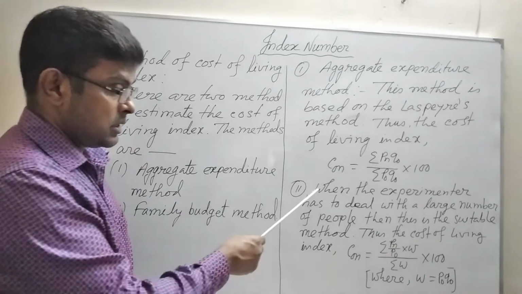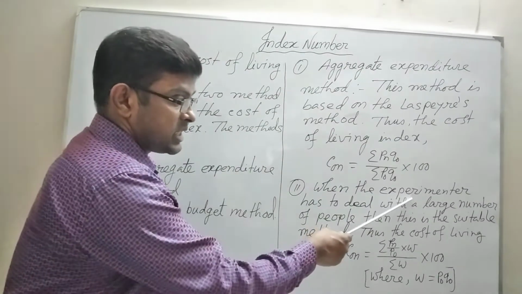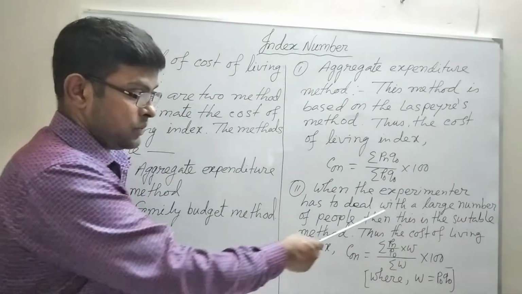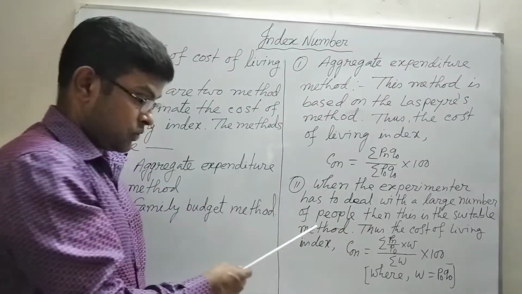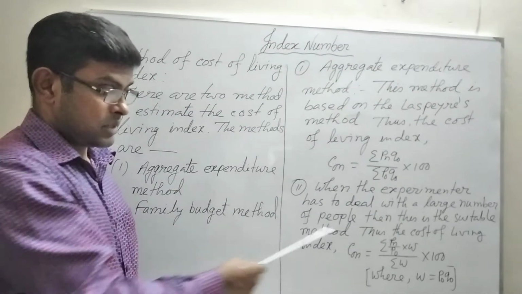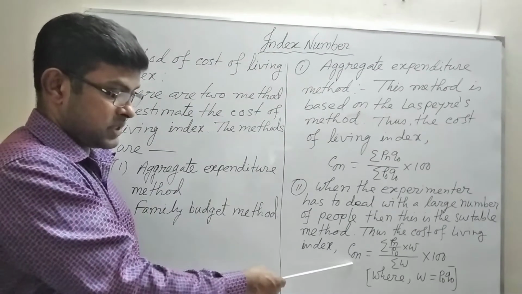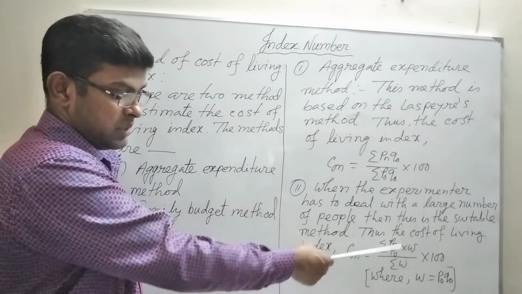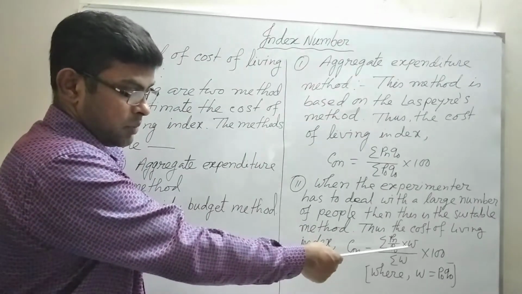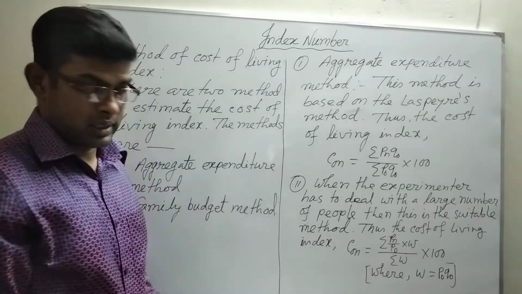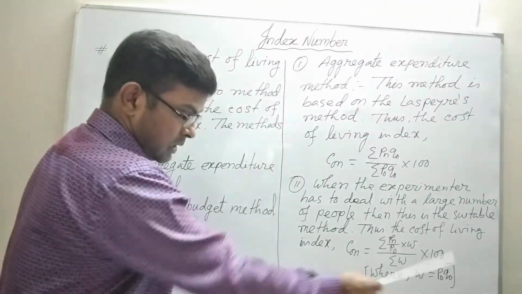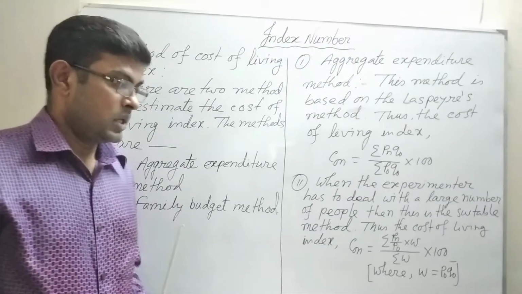When the experimenter has to deal with a large number of people, this is the suitable method. Thus, the cost of living index is equal to summation Pn by Po multiplied by W, divided by summation W, then multiplied by 100, where W equals PoQo.